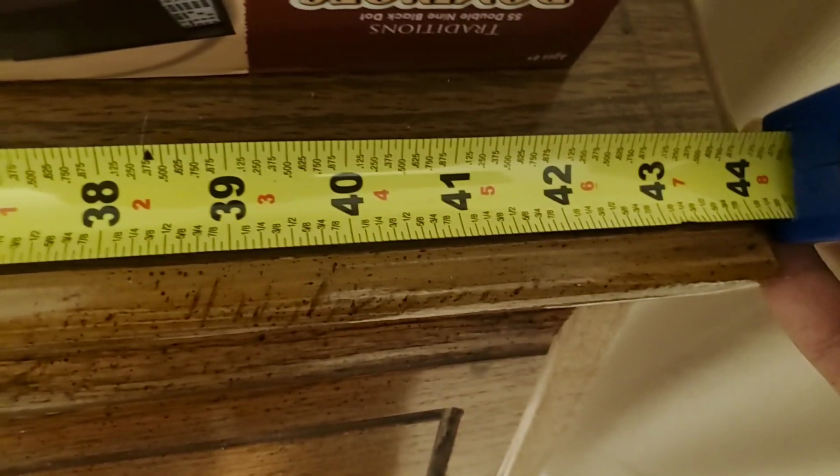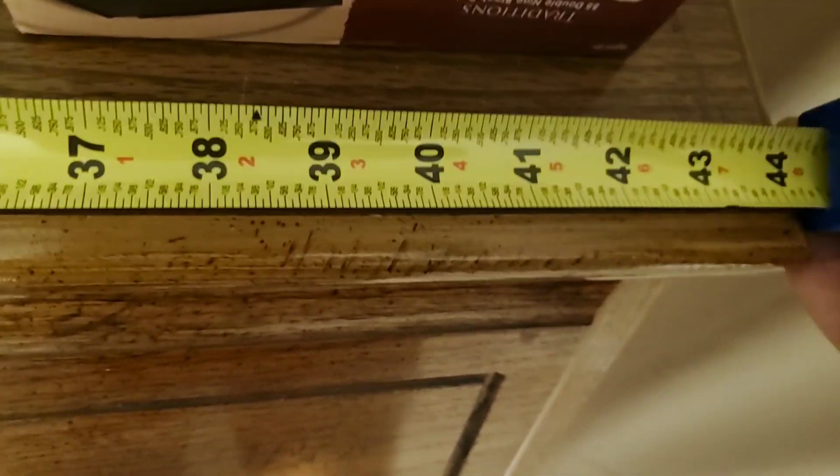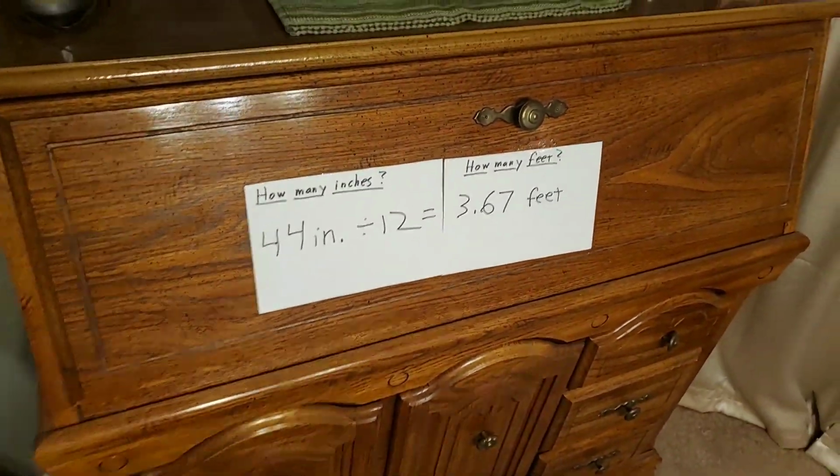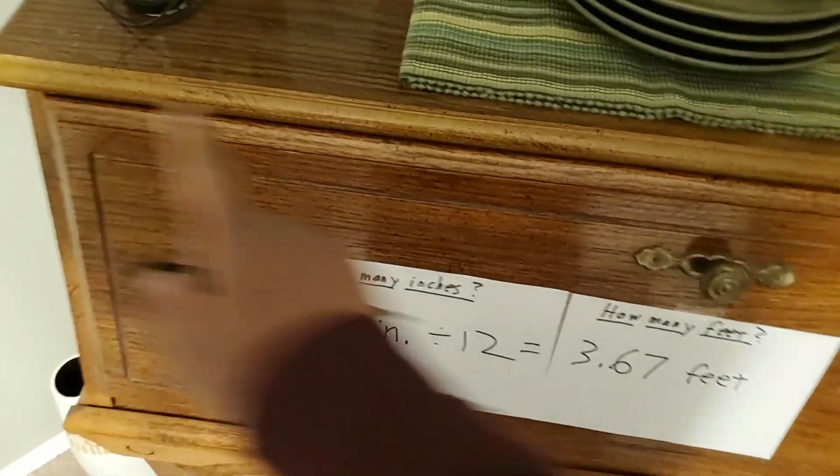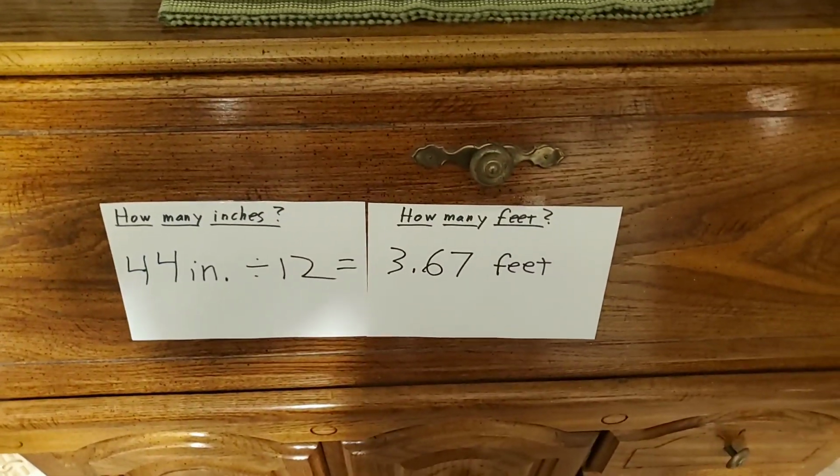So it's a little under 3 feet, about 2/3 of a foot. So either way, there are two sizes for this. If I measure it in inches, it's 44 inches long. If I measure it in feet, it's 3.67 feet long.